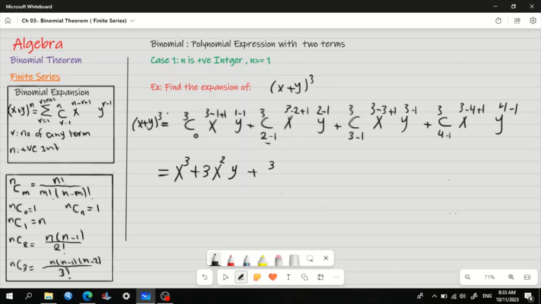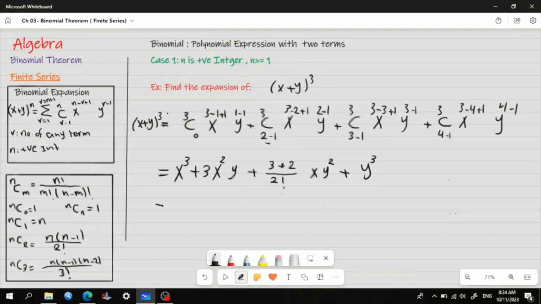So let me write that, this will be equal to 3 combination 2. So 3 into 2, with a factor of 2 from here, into x to the power 3 minus 3 plus 1. So x to the power 1 and y to the power 2. Okay, plus 3 combination 3, this will be equal to 1, and x to the power 3 minus 4 plus 1, which is power 0, and y to the power 3.